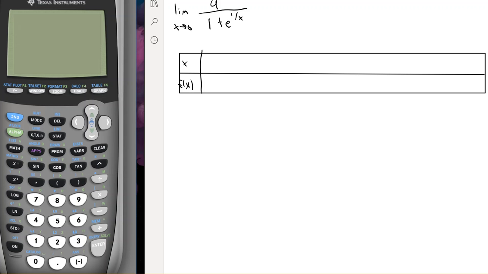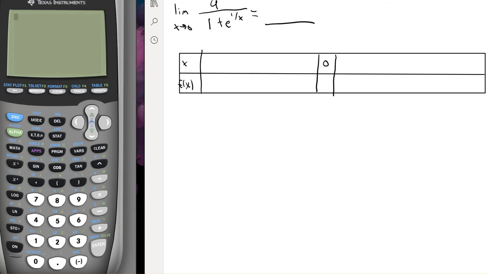Okay, gonna make a table, find the limit as x approaches 0 of 4 over 1 plus e to the 1 over x. Okay, so I'm interested in the limit as x approaches 0.